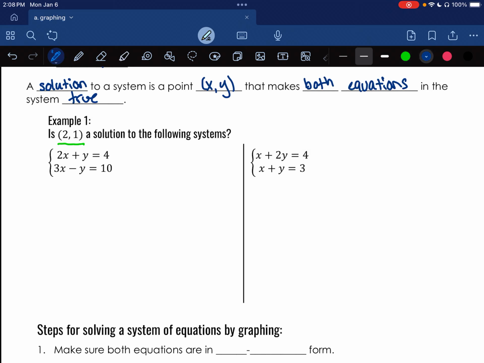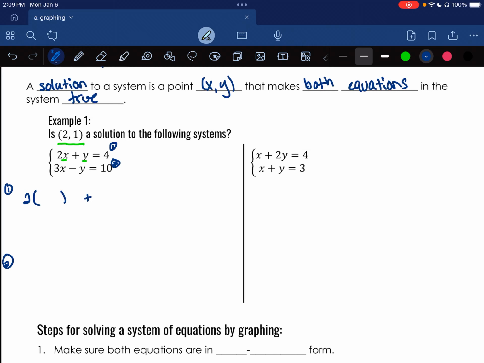I'm going to go ahead and, in these equations where x and y are, plug in that point. First, I like to label these equation 1 and equation 2 so that I can keep them straight in my brain.